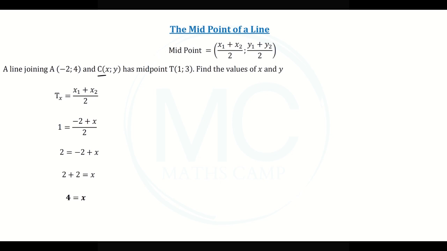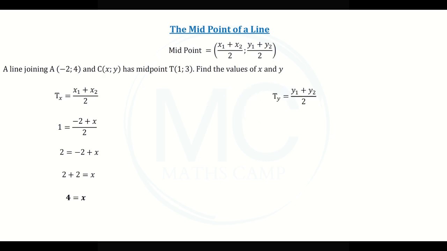Now let's find the y coordinate. We know that to find the y coordinate of the midpoint, we say y1 plus y2 divided by 2. So the y coordinate of the midpoint t, let's say ty, is equal to the y coordinate of point 1 plus the y coordinate of point 2 all over 2.